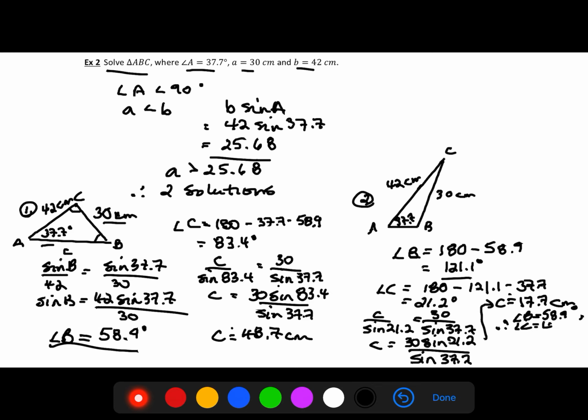Don't forget that we want to do a therefore statement. So angle B is equal to 58.9 degrees, angle C is equal to 83.4 degrees, and side c is equal to 48.7, or angle B equals 121.1, angle C equals 21.2, and side c equals 17.7.